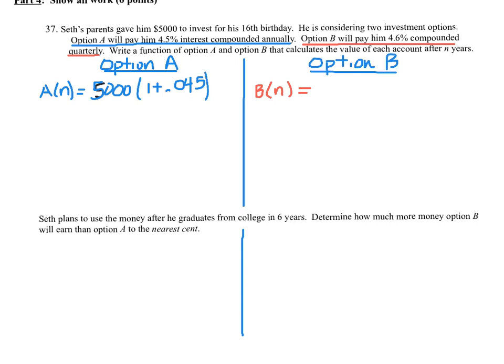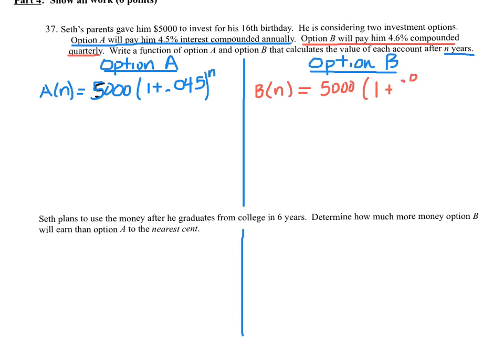And then that's going to be raised to the n power because it says that n is measured in years. Okay, now if we look at option B, I'm going to color code that in red, same $5,000 on his 16th birthday, right? He's getting an interest rate of 4.6%, but this is compounded quarterly, which means 4 times a year.